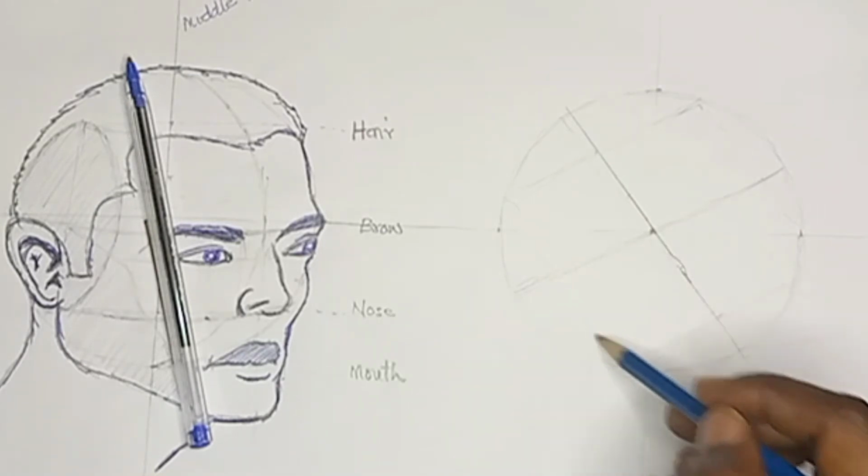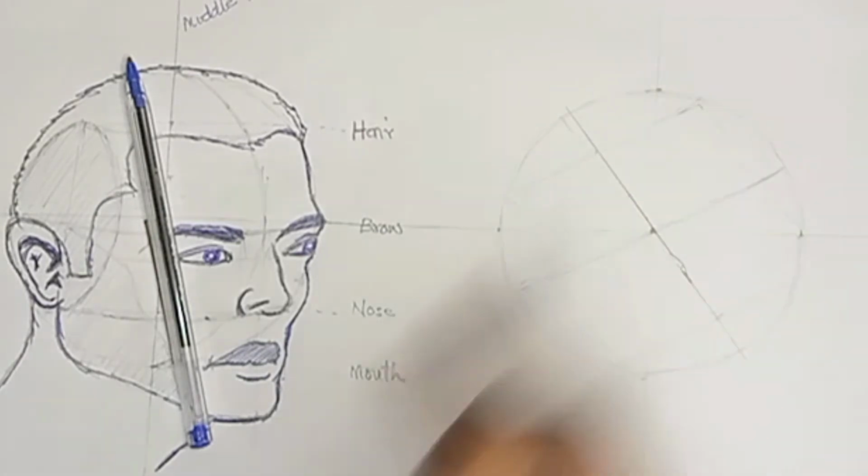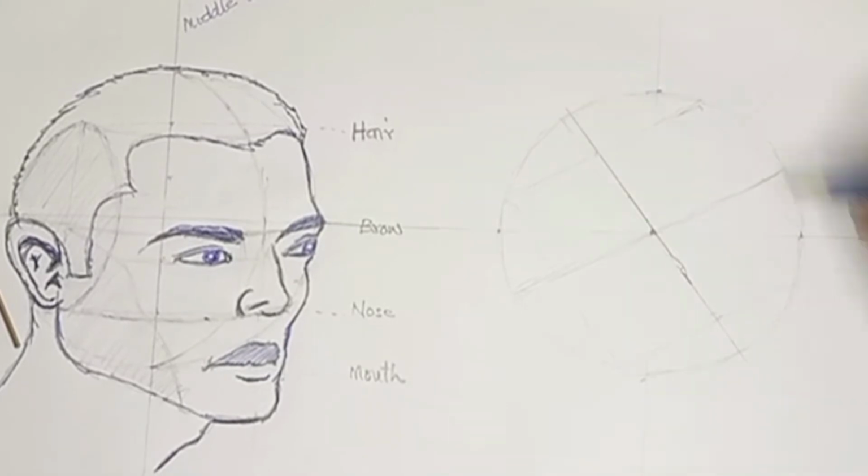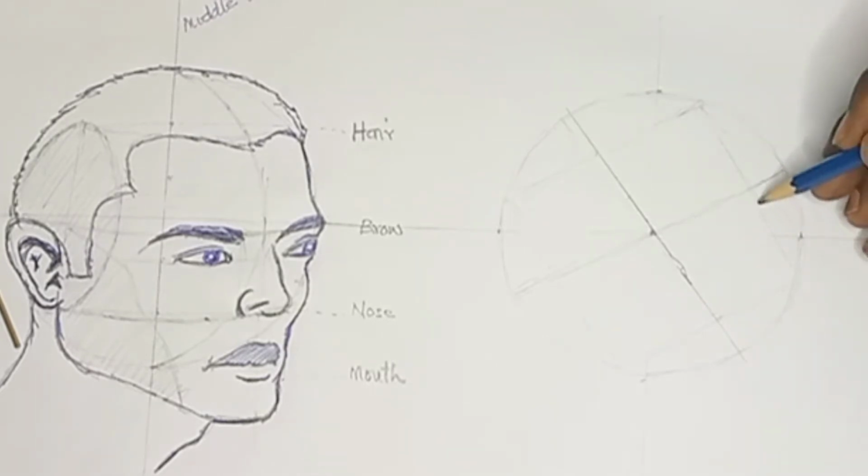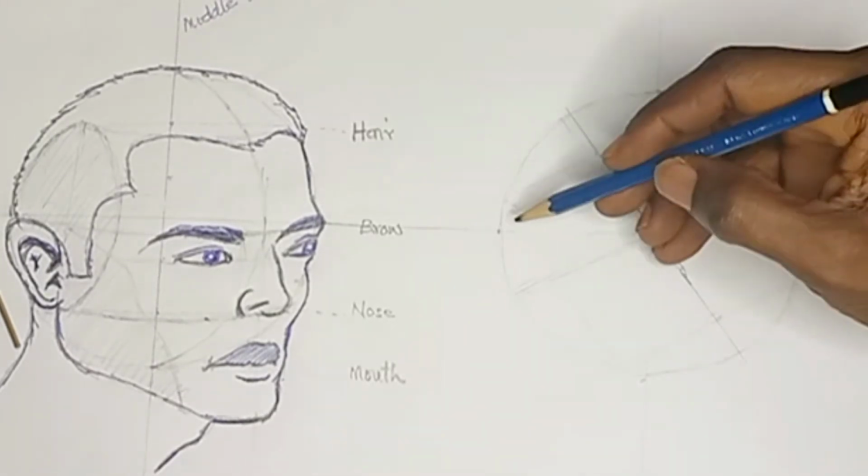Whereby the upper line of the square will represent the hair. And the lower part represents the nose.